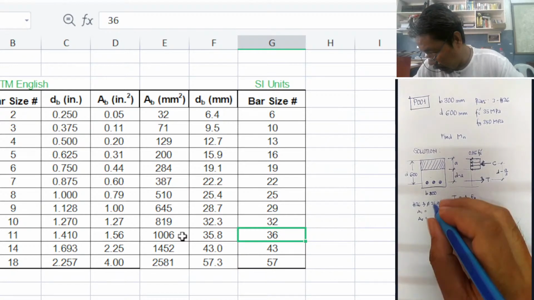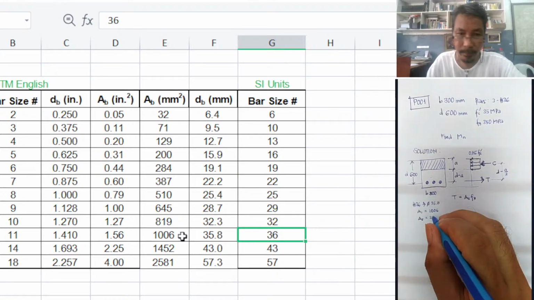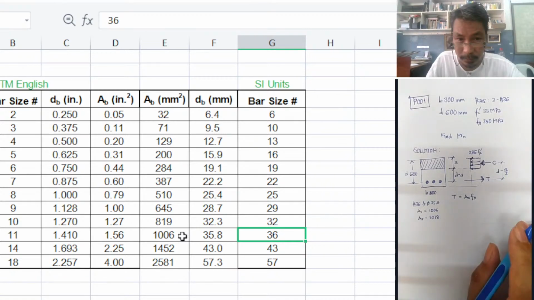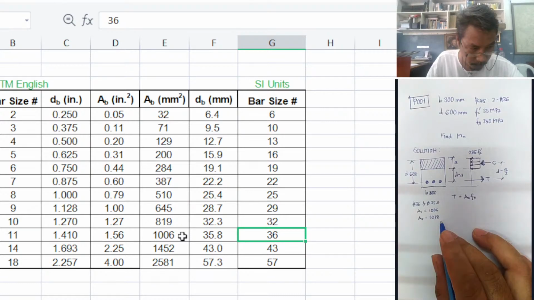So there are 3 of them, therefore 3018. This is coming out from the table. Anyway, we can compute it, so don't worry about this. You can compute this.